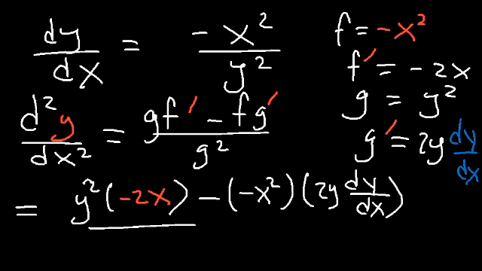All divided by g squared, which is y squared squared, so g squared is y to the fourth. So that's equal to the second derivative.